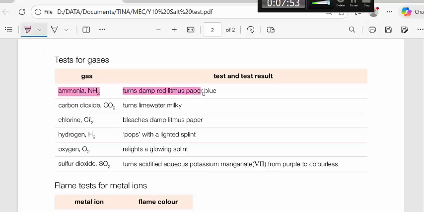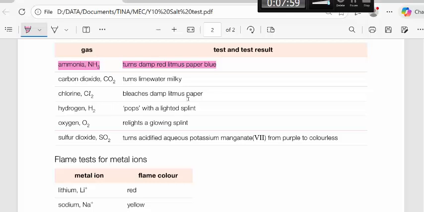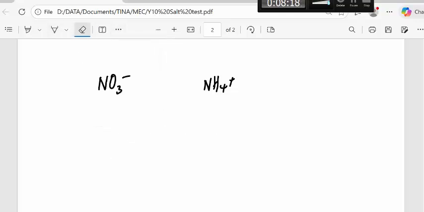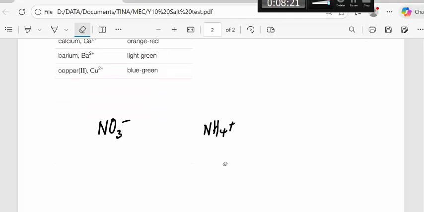The test for ammonia gas is that damp red litmus paper turns blue. You put it in the test tube.